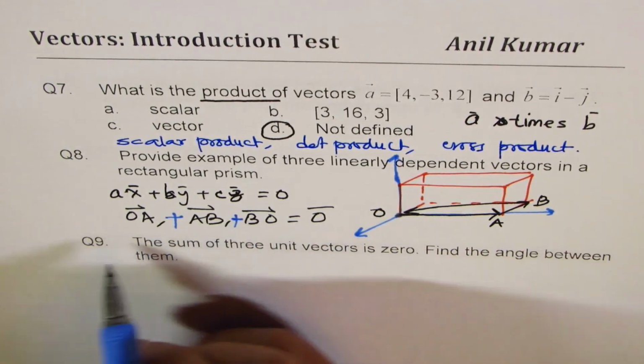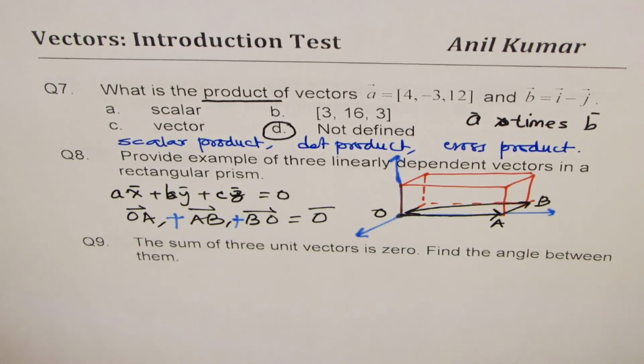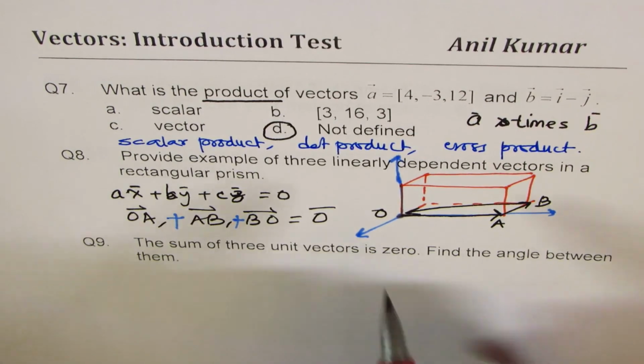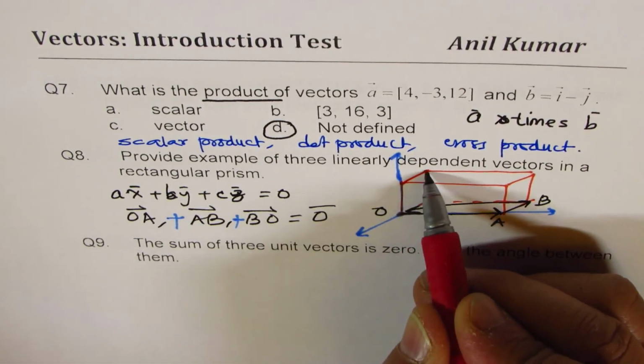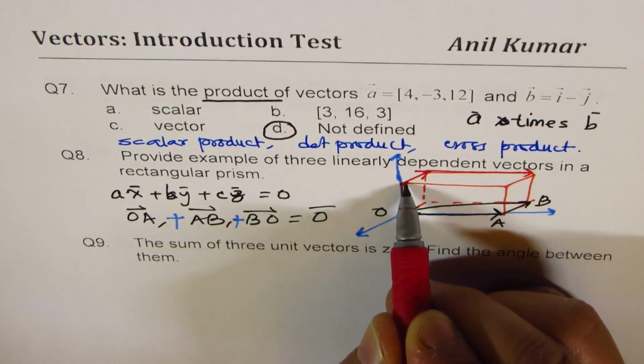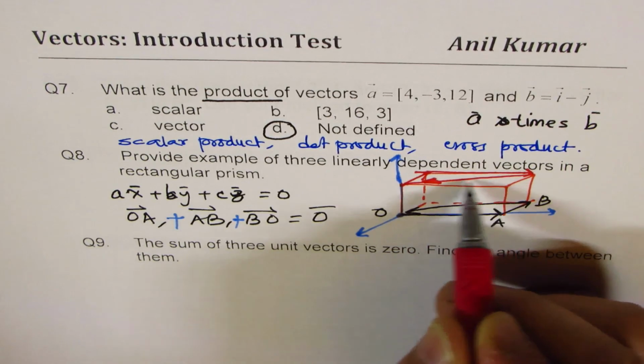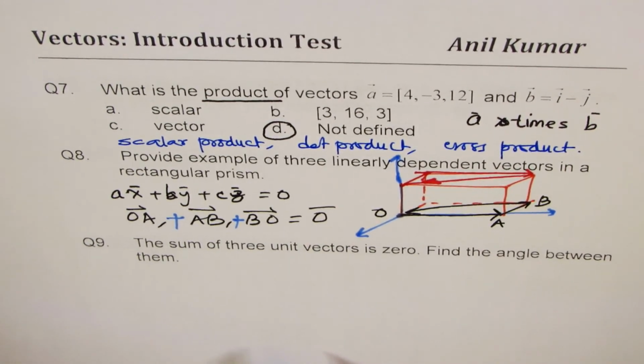So that is how we can show 3 linearly dependent vectors. It could be like this also: one vector on this side, the other vector, and a third vector. If I direct it like this, you see the combination is 0. So that is how you could do it.